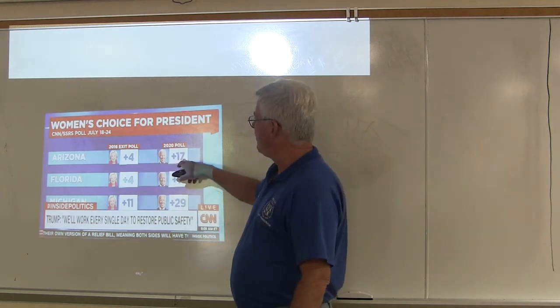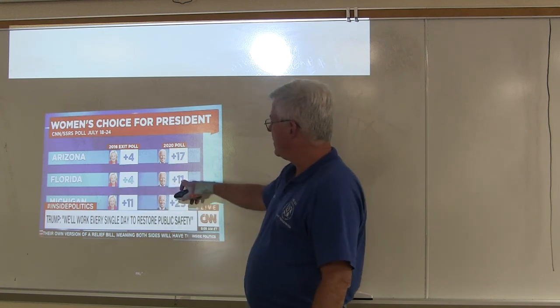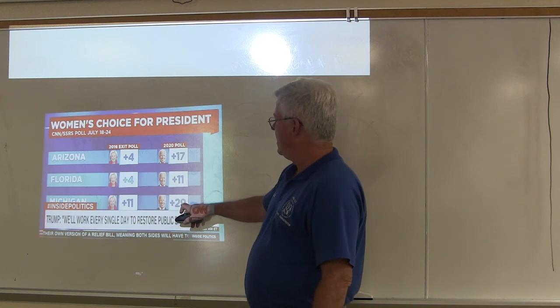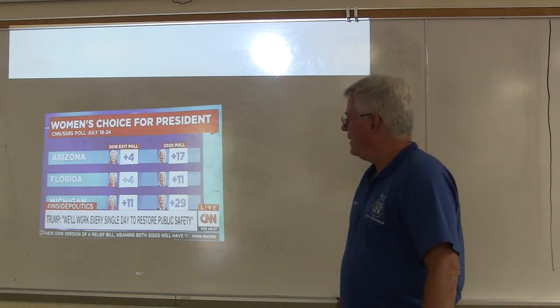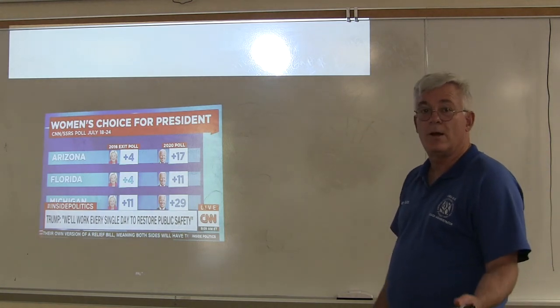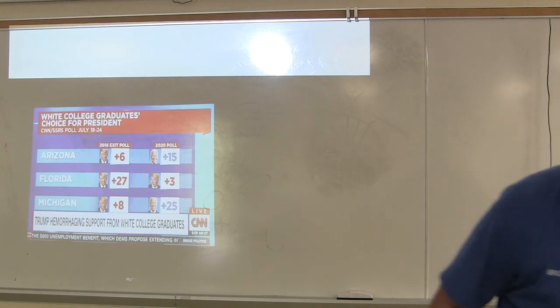In July, they're up for Biden +17. Florida +4 to Biden +11. Michigan +11 to what? +29. Interesting. So that's the gender gap. Maybe on steroids in 2020? Who knows?